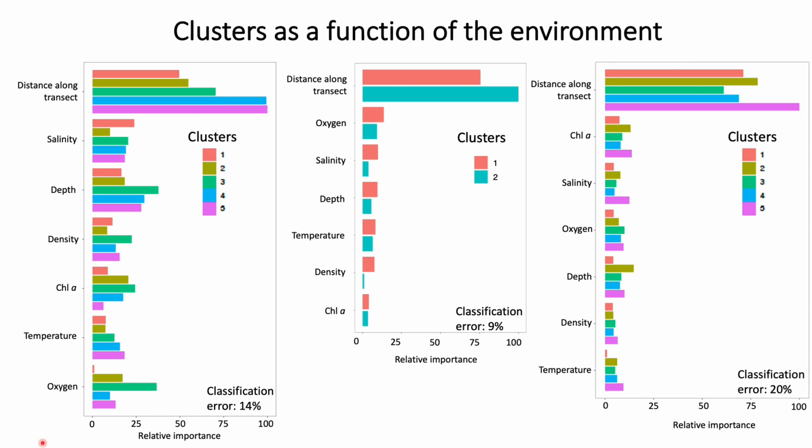In 2019, we found a substantially higher background concentration of chlorophyll A compared to 2016 and 2018, which was likely driving, to an extent, distributions of key taxa. The higher relative importance of environmental variables other than distance along the transect in 2016 matches the NMDS environmental vectors that we saw were strongest in 2016 and weaker in 2018 and 2019.